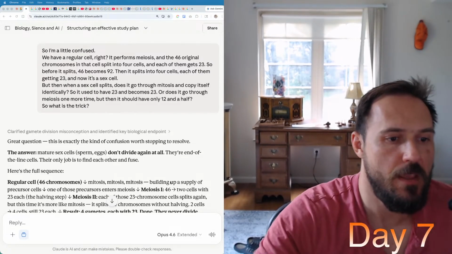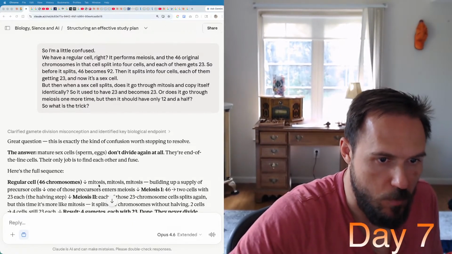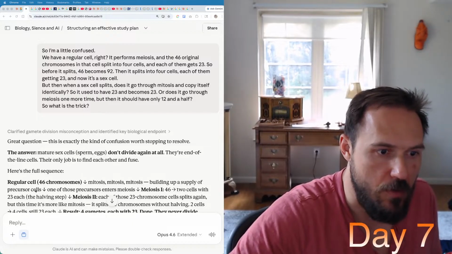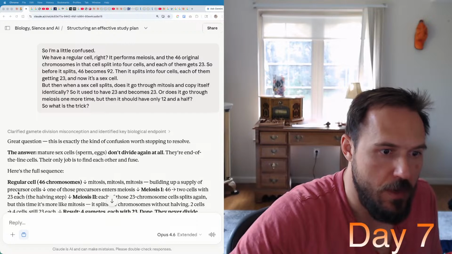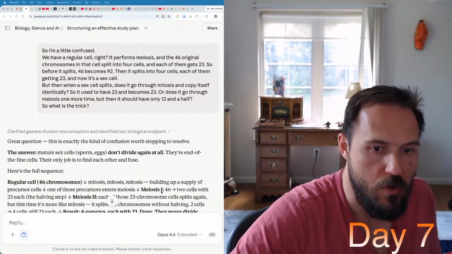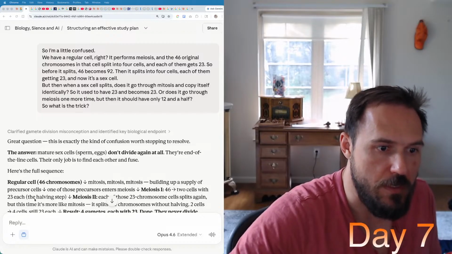Okay, here's the full sequence. Regular cell, 46 chromosomes, mitosis, mitosis, mitosis, building up a supply of precursor cells. One of those precursors enters meiosis. Meiosis 1: 46 chromosomes, 2 cells with 23 each.